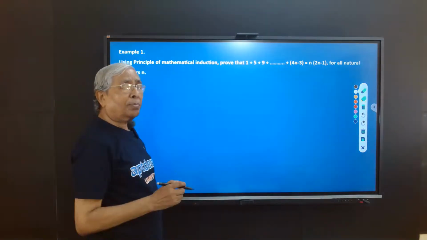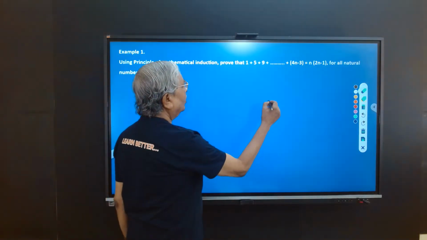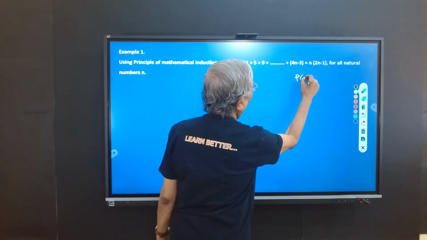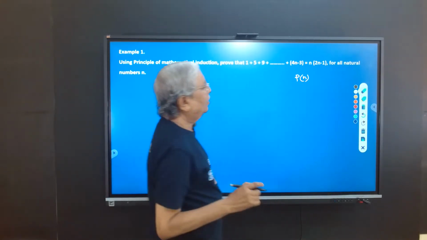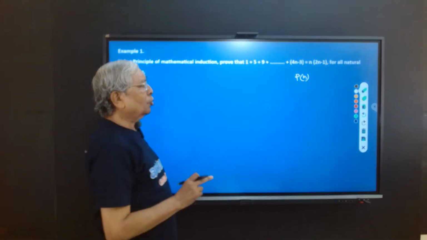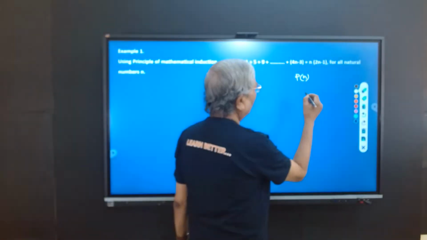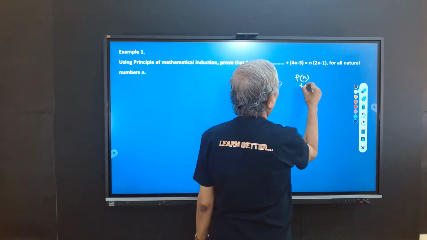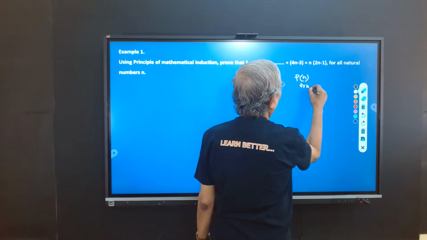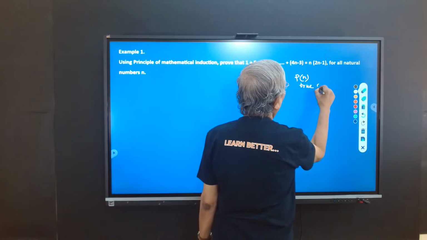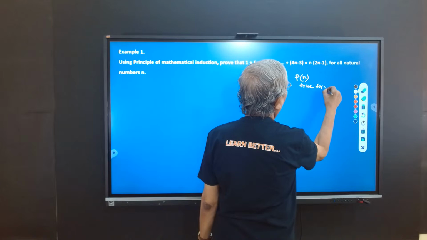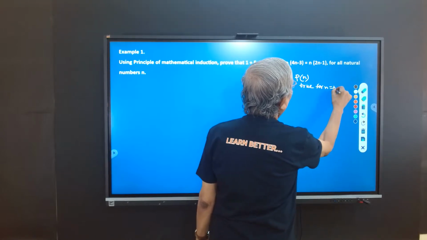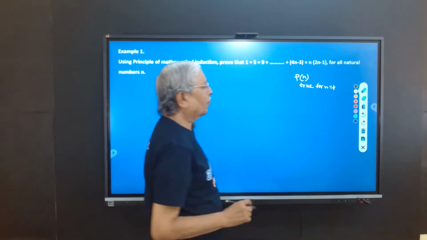The principle of mathematical induction is: suppose we have a statement Pn. First, we have to show that the statement is true for n equals 1.